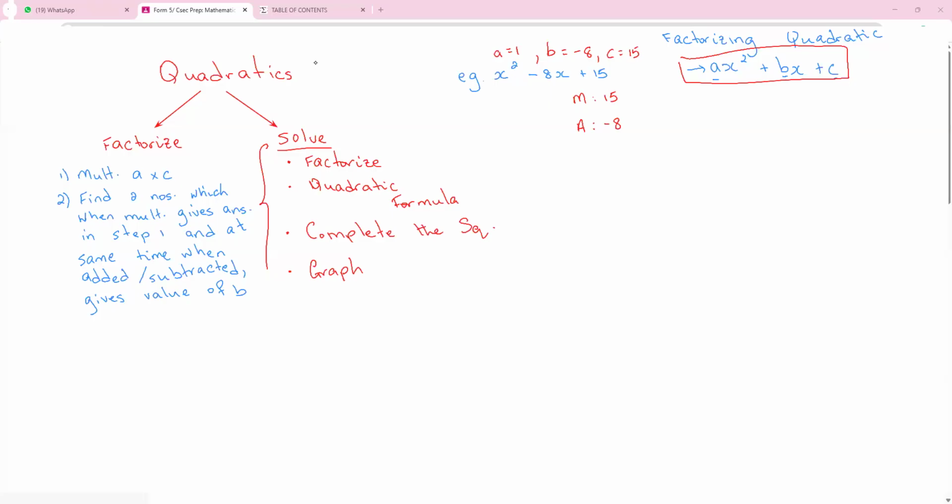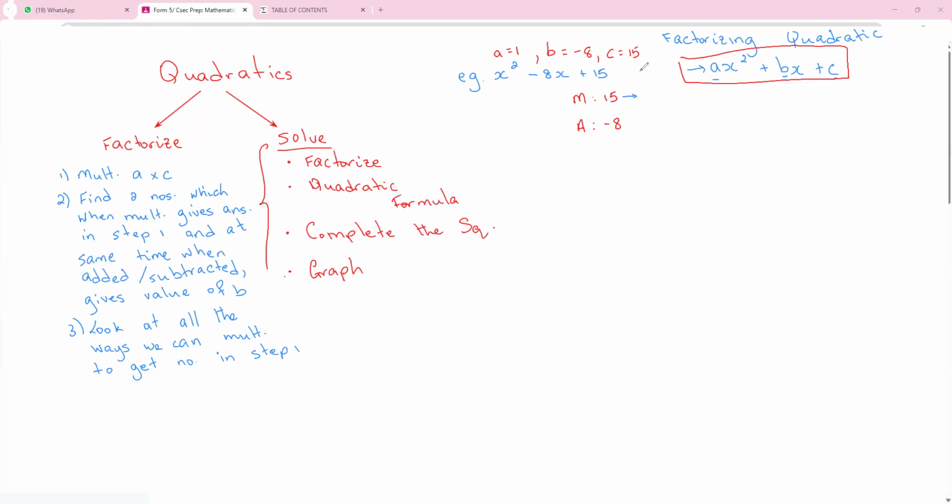Right. Now, in doing so, you're going to look at the number from step 1, look at all the ways we can multiply to get the number in step 1.